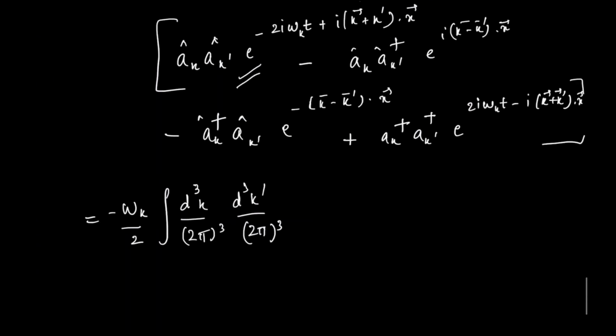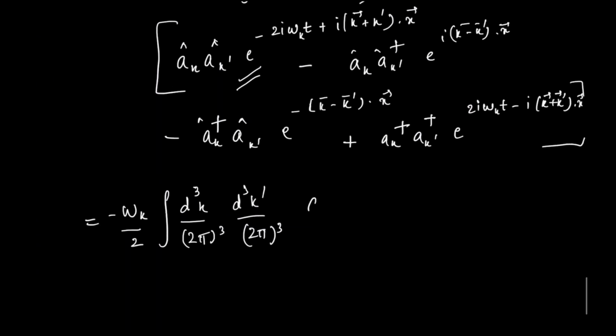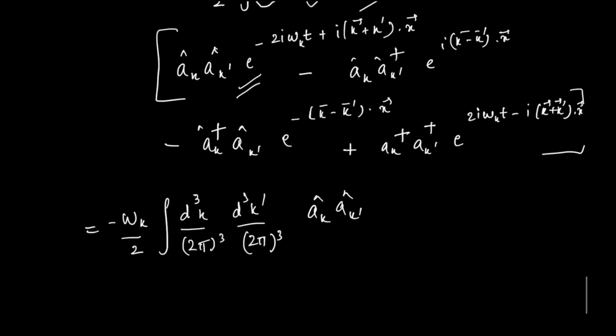So the first term will be a_k prime as it is. Now in e raised to minus 2 i omega k t, the factor is a constant. So I have to integrate d cube x e raised to i (k plus k prime) dot x. So this is what I have to integrate in the first term.